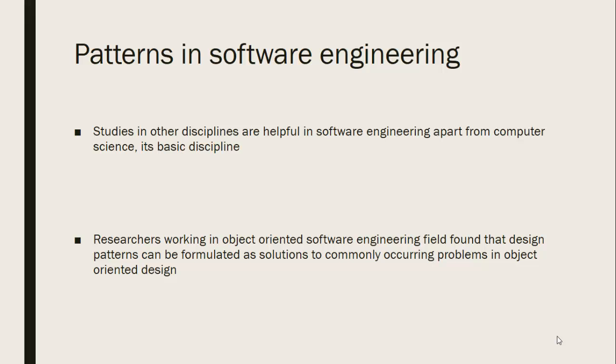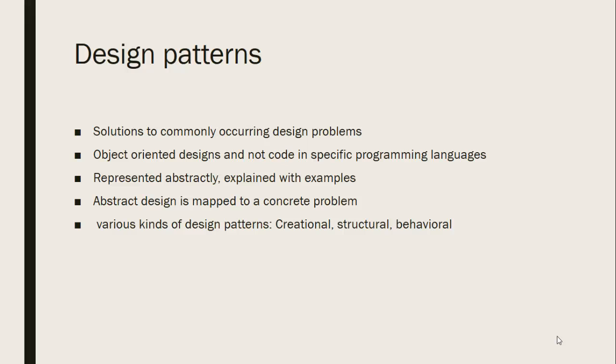Studies in the object-oriented engineering field found that design patterns can be formulated as classes and objects, and can be used as solutions to commonly occurring problems. Design patterns can be used as solutions to commonly occurring design tasks.